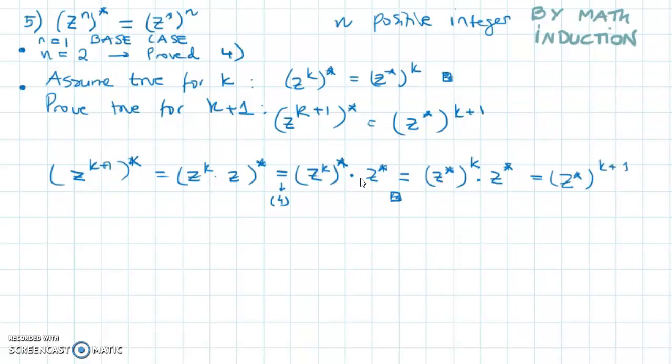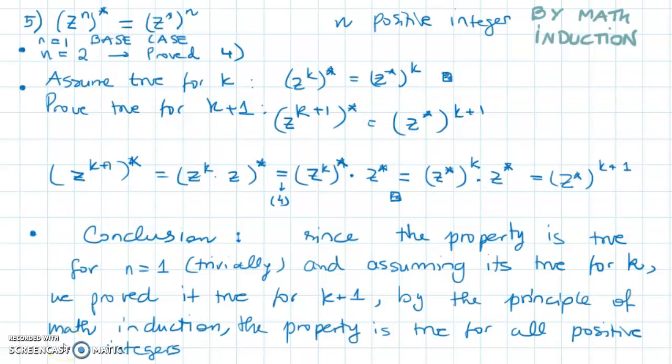And that was exactly what we wanted to prove. So now the last step of our mathematical induction is to write the conclusion. Since the property is true for n equals 1 trivially, and assuming it's true for k, we proved it's true for k plus 1. By the principle of mathematical induction, the property is true for all positive integers, and that was the last property we wanted to prove.